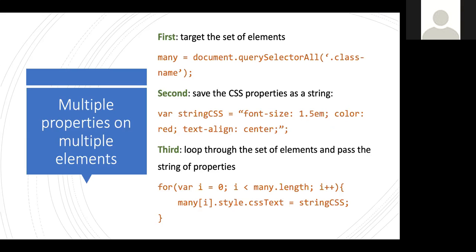And the third step is to loop through the set of elements and pass the string of properties. The querySelectorAll statement actually returns a set of elements, and so this instruction at the bottom loops through those elements and assigns the properties.